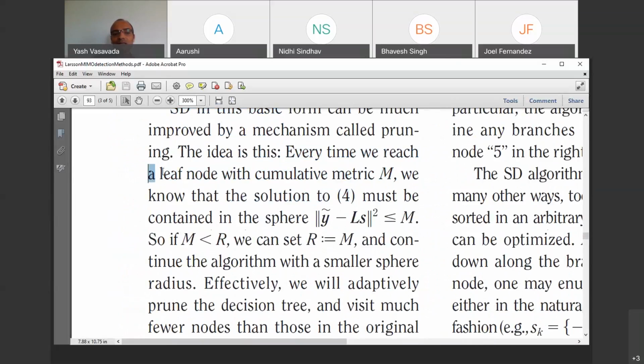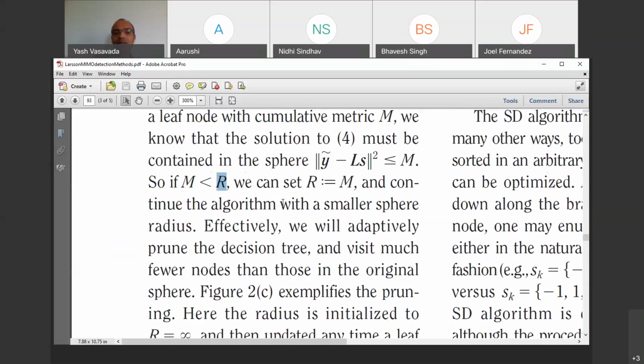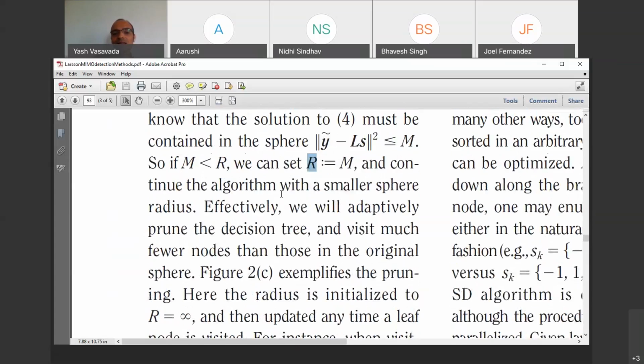So basically we have to reach, first of all, a leaf node. We have to look at its metric, and if our current radius is bigger than m, then we change the radius and make it equal to m. Basically, we start out with a radius which is infinity. It is the largest possible radius. And then we keep on reducing the radius. We keep on making the spheres smaller and smaller.